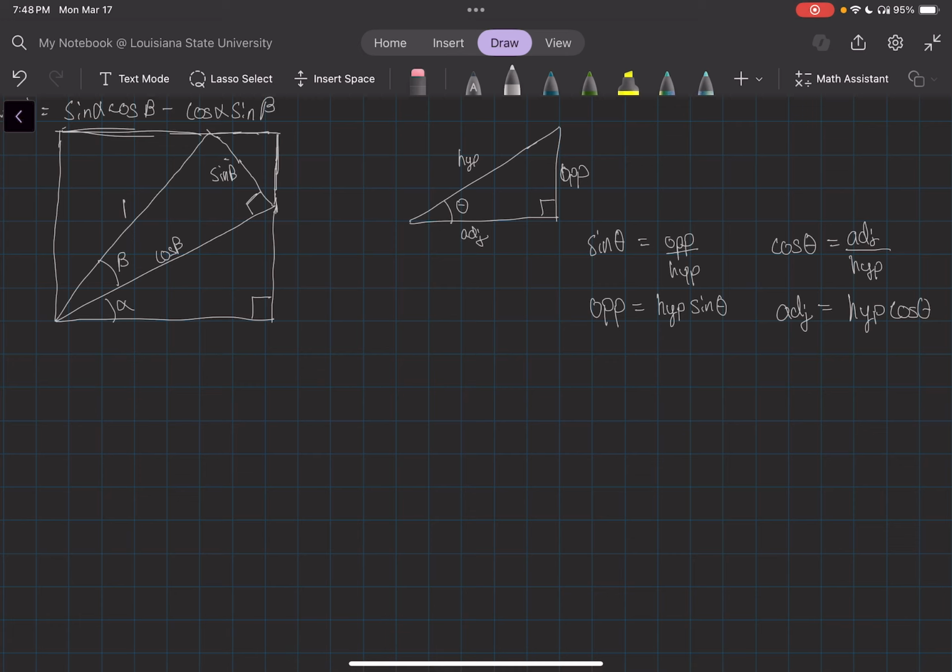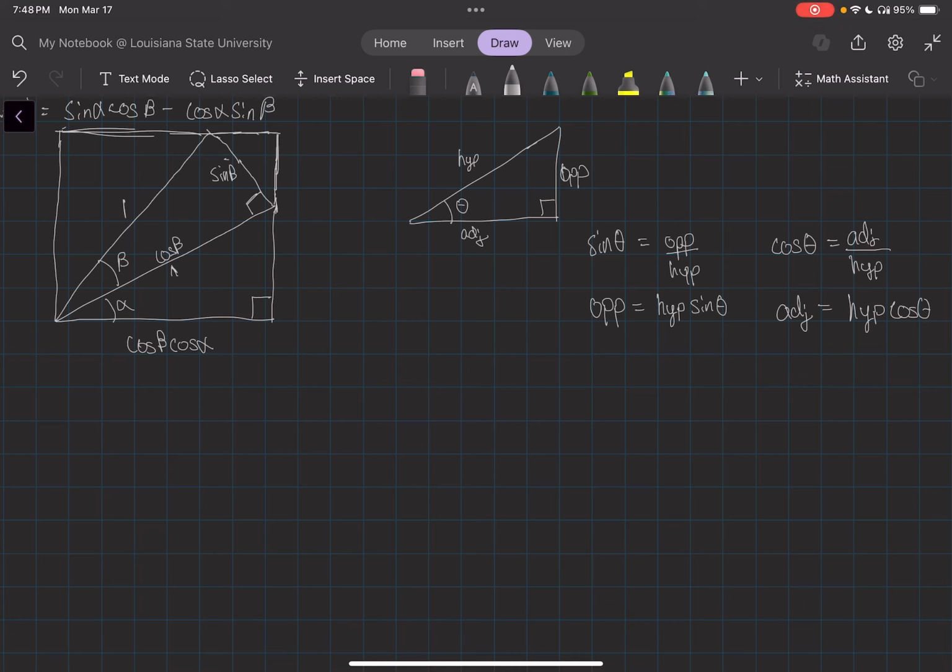And then from here, we could consider the triangle which now has a hypotenuse of cosine beta. So the adjacent to alpha would be cosine of beta multiplied by the cosine of alpha.